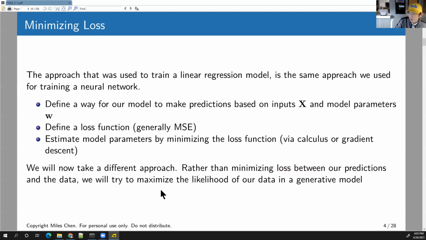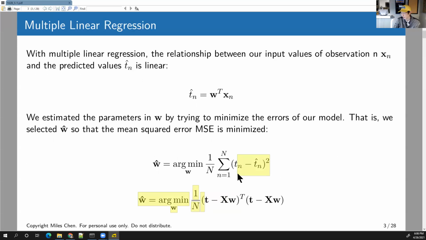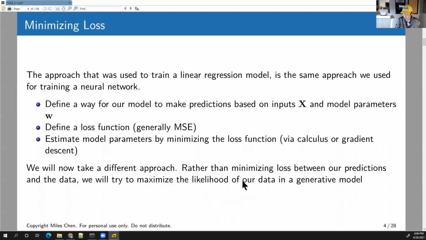Okay, and now rather than trying to minimize the loss, which is the difference between the actual and the predicted values squared, we're going to look at the likelihood. Okay, and so this requires us to create a probabilistic model where we're going to have likelihoods of data points, right?